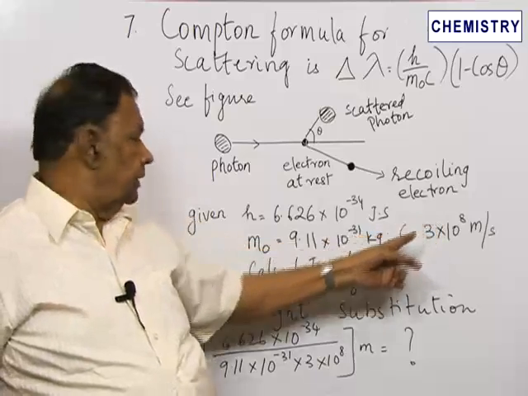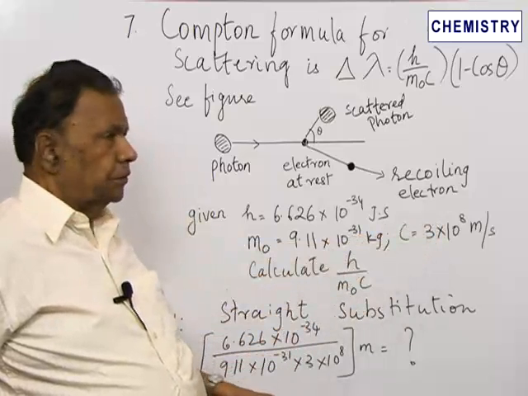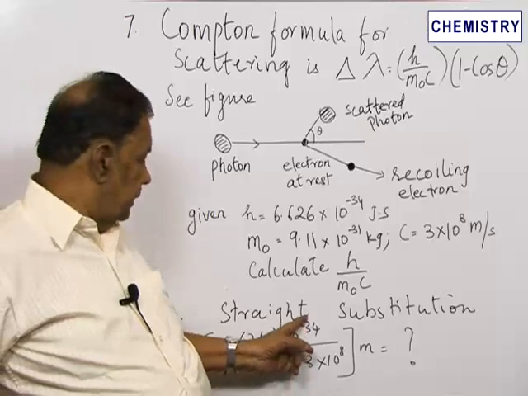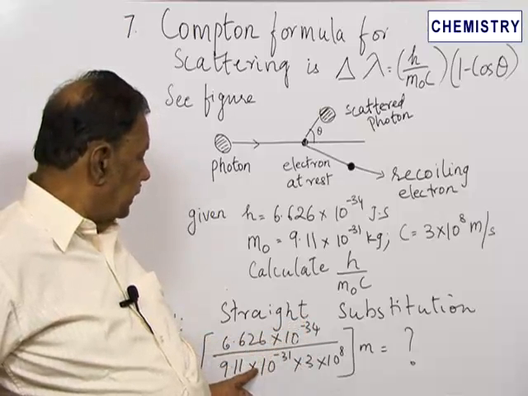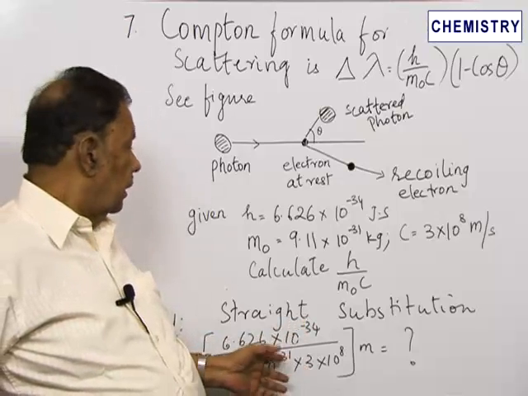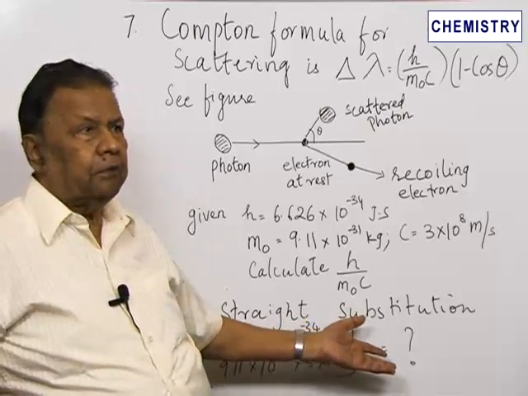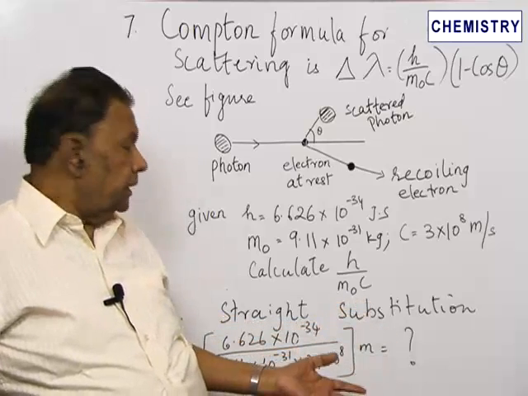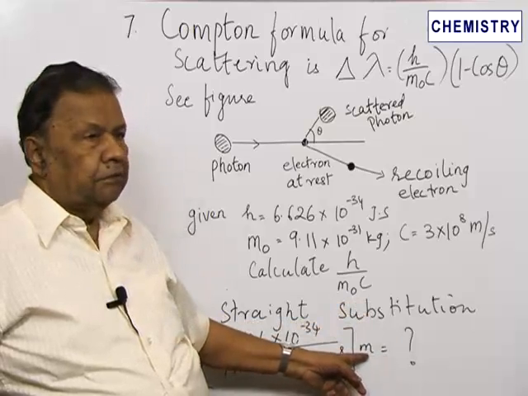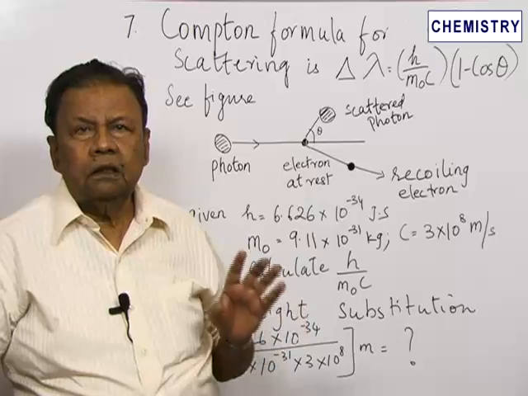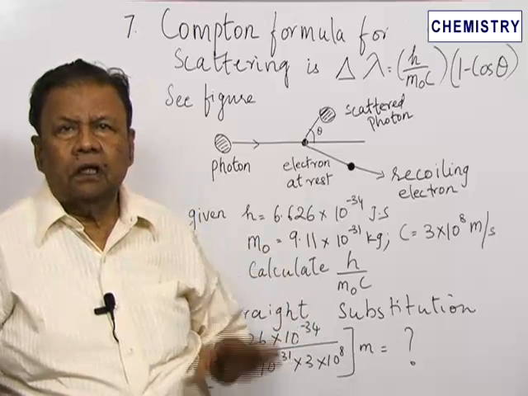All we have got to do is directly substitute, and here the value of h is here, m naught is here, and c is here, and all you have got to do is get the value by direct calculation. It will be in meters. The value will be in meters. Now, that is in fact the method of analysis of the problem.